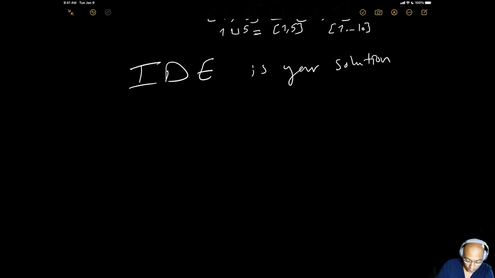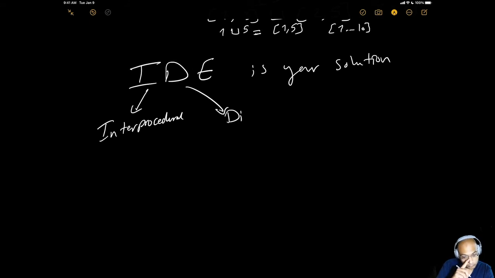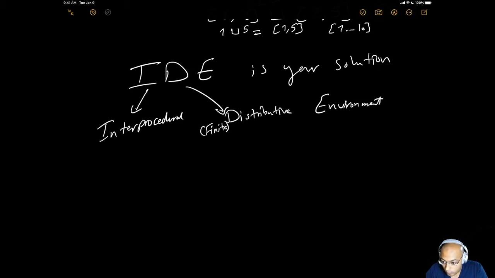The reason why it is going to be your solution is that it is an inter-procedural distributive, and I'm going to inject here saying finite also, environments problem.